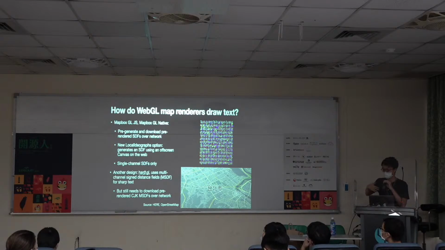And this can get really slow when you're browsing an area that has completely Chinese place names, because it will need to fetch a range of Unicode glyphs each time you pan the map around. So this is really not ideal for CJK characters. Oh, and there is a new feature in Mapbox GL called local ideographs, and that will actually avoid the network, but you're limited to local fonts only.